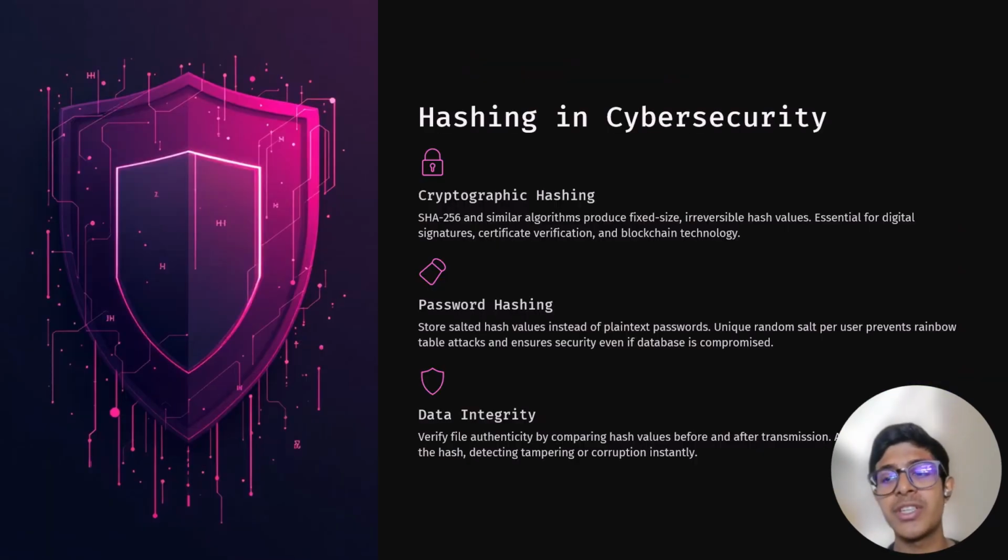Now, we shift from general data structures to one of the most critical real world uses of this technology, hashing in cybersecurity. In this field, we use cryptographic hashing, employing sophisticated algorithms like SHA-256, which produces fixed size, irreversible hash values. This is the backbone of modern security.